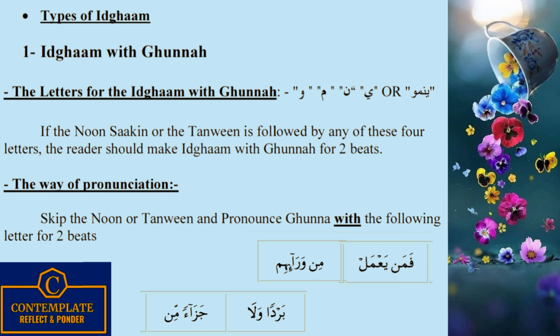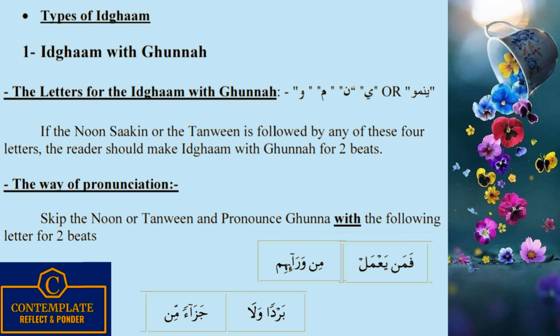For idgham with ghunna, in this type we will include all those letters which are pronounced with ghunna in a word because of idgham. First, we have 6 letters of idgham, and then we divide them into 2 categories.